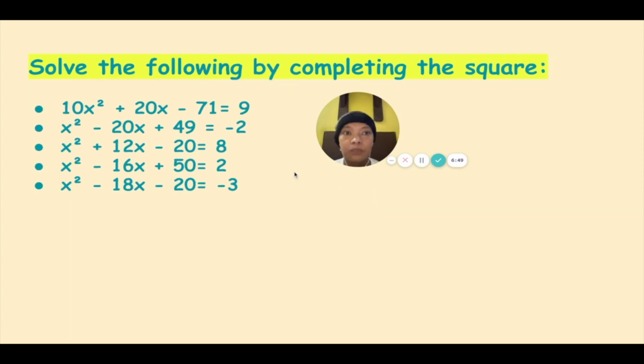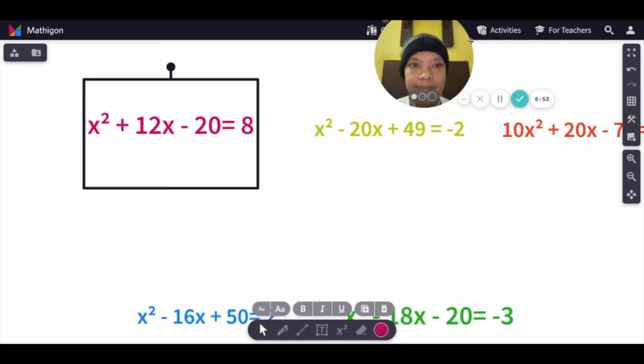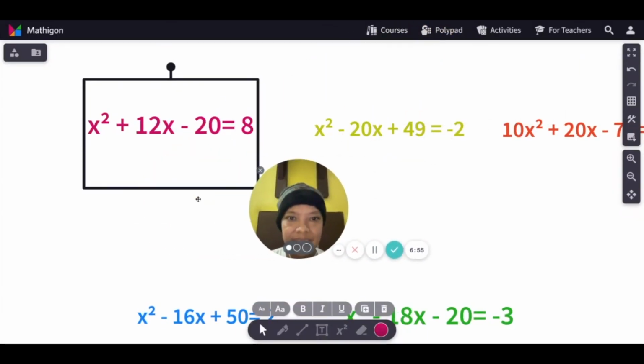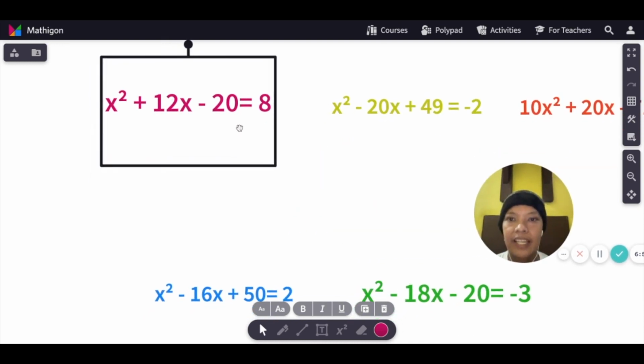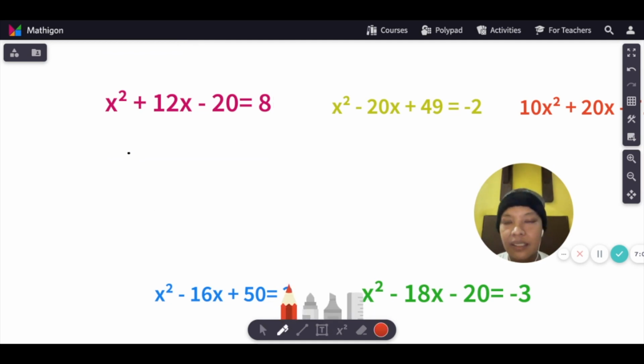So, let's try solving some problems. Okay? So, try po nating isolve ito. Kagaya po nito, ano po una nating gagawin? Una po nating gagawin is you transpose, di ba? You transpose this constant to the other side. Okay?